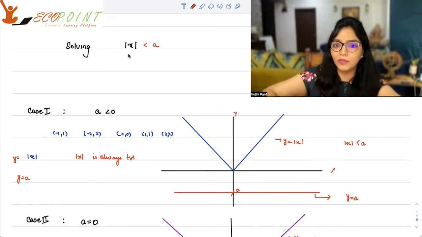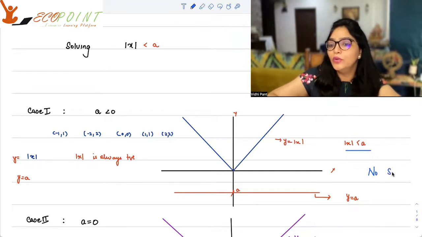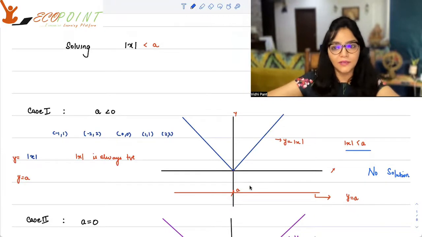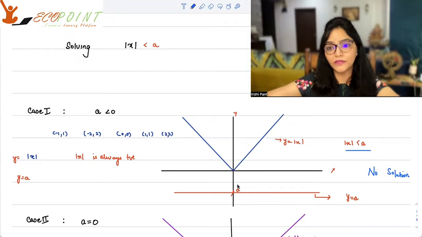It's just not possible, which means the inequation, mod x less than a, is not satisfied by any x. So hence we have no solution to this problem, because absolute value is always positive, and we are talking about absolute value of some number being lesser than a negative number. Not possible.